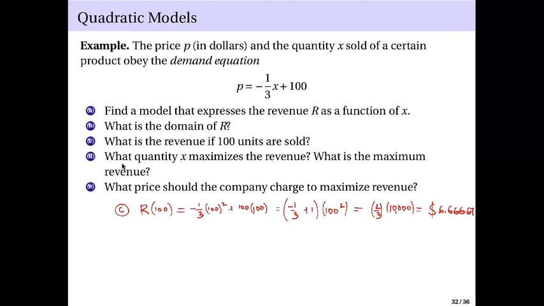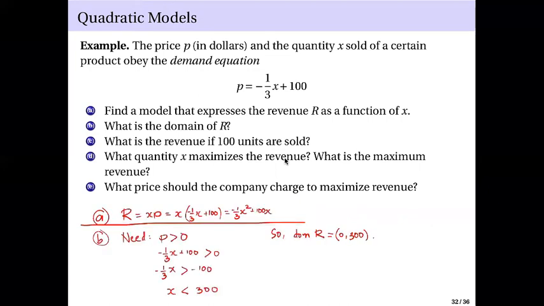Letter D. What quantity X maximizes the revenue? Take note, we want the maximum revenue. If we go back to this, you have a quadratic equation and you have a negative coefficient for x squared.